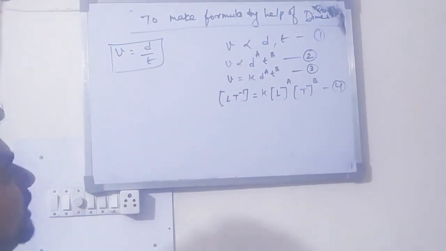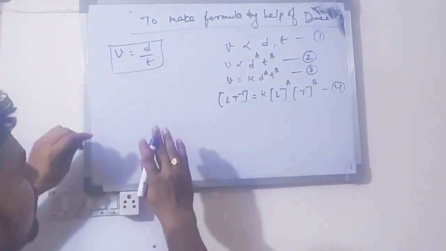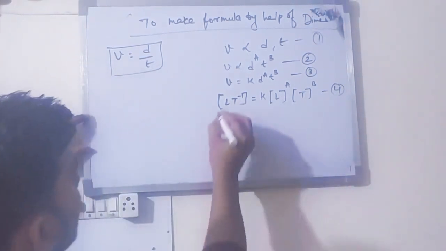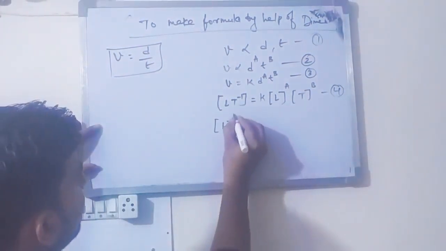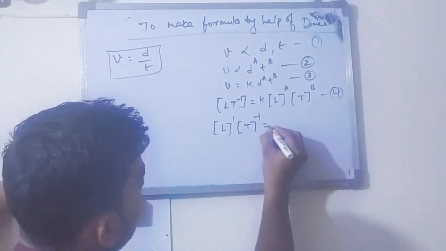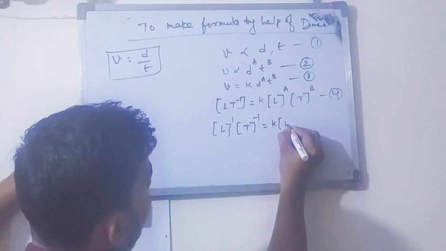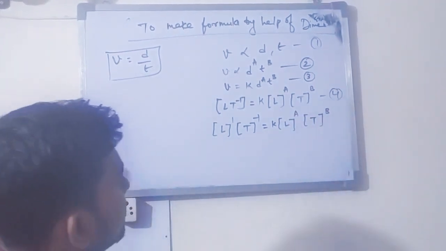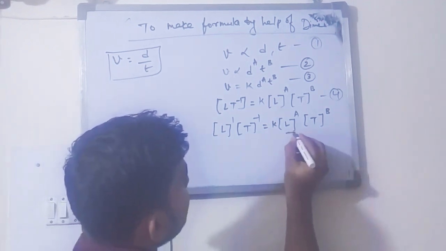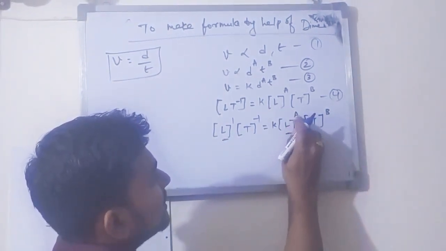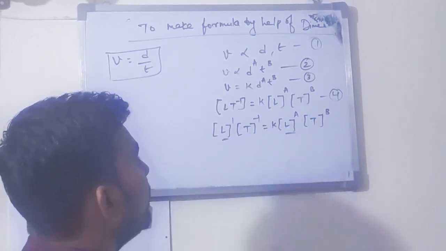In step number 5, you have to compare the LHS to the RHS. Here the power of L is 1, and the power of time is minus 1. Similarly, in the RHS, the power of L is A and the time power is B. So compare the powers of the same quantity. The power of L is A here and 1 there, so A is 1.